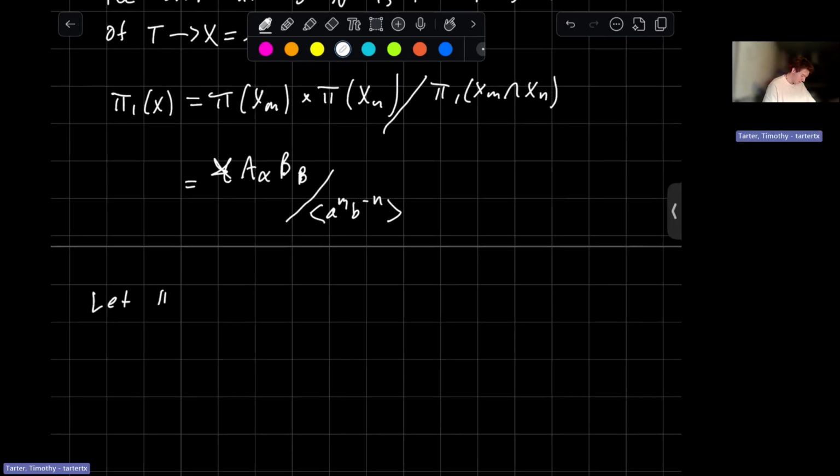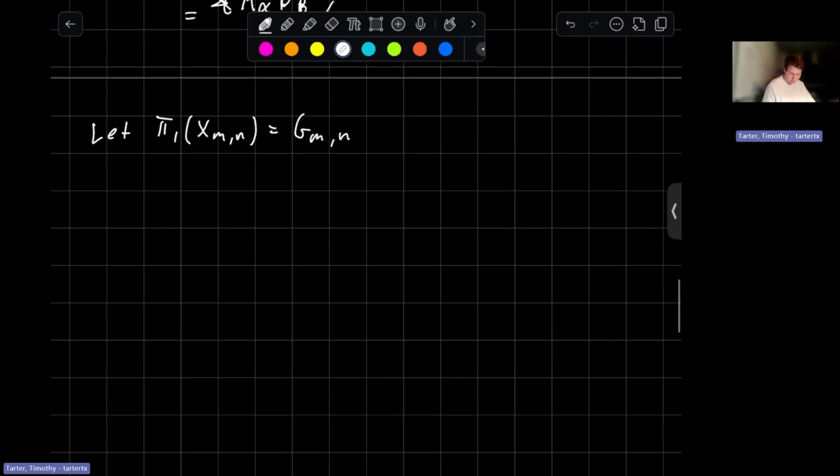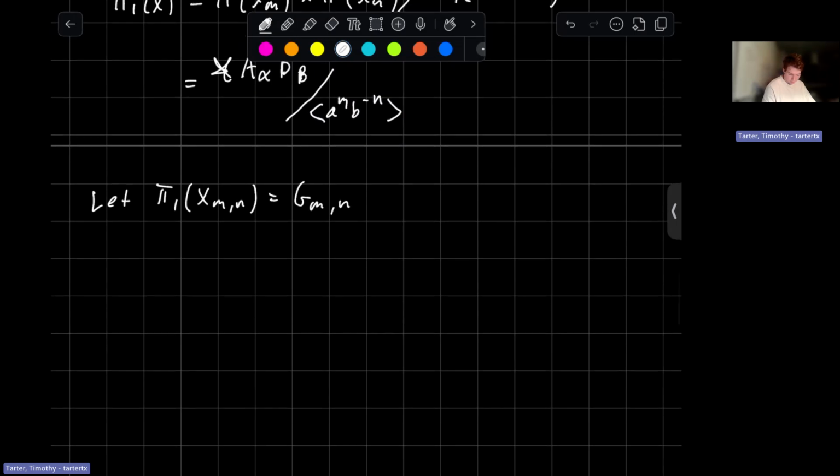Okay, so let pi 1 of X, Gmn, be defined by two generators a and b such that a to the m is equal to b to the n.